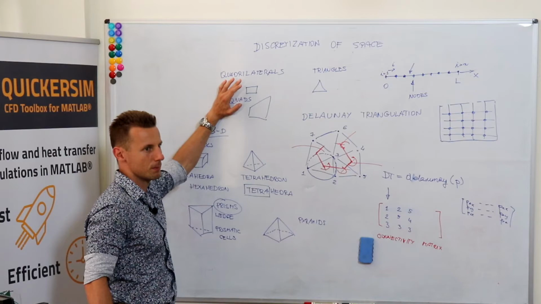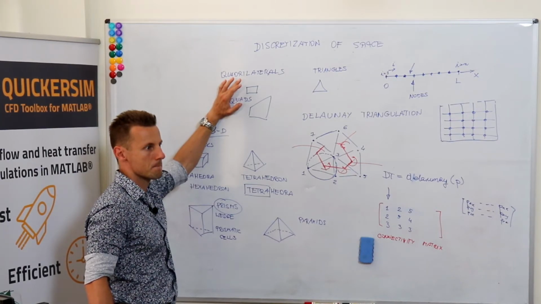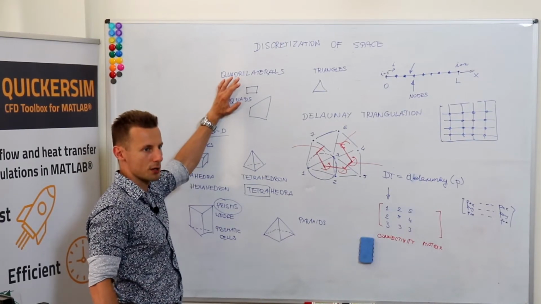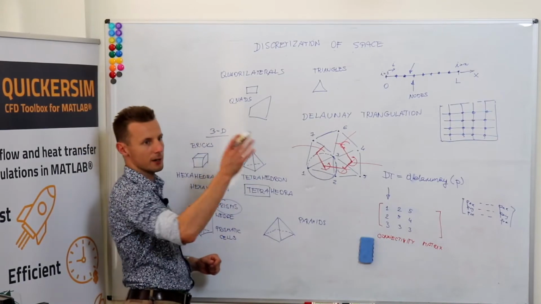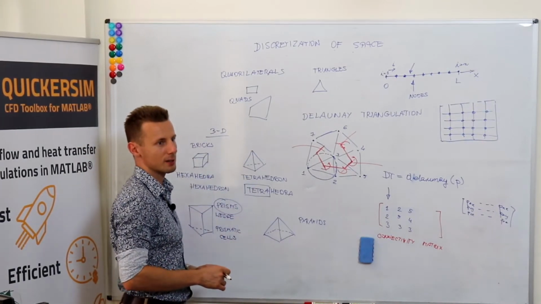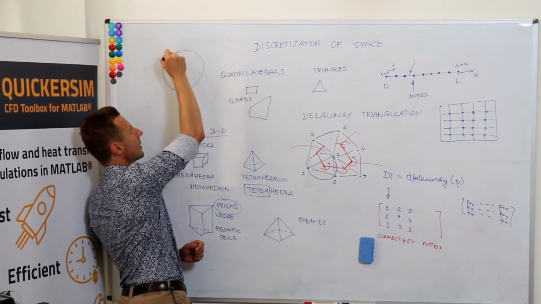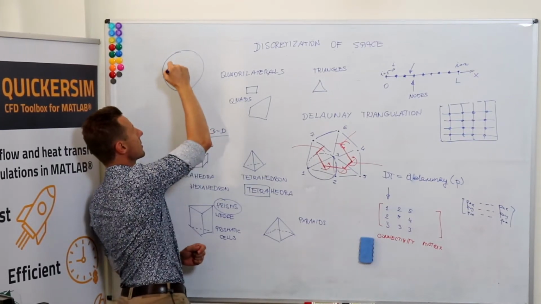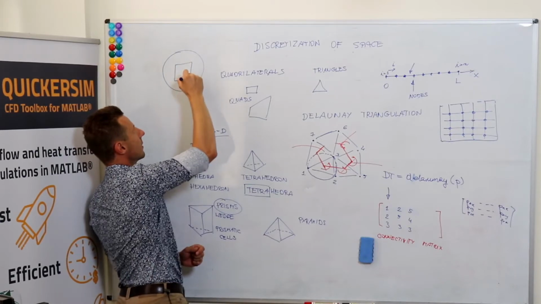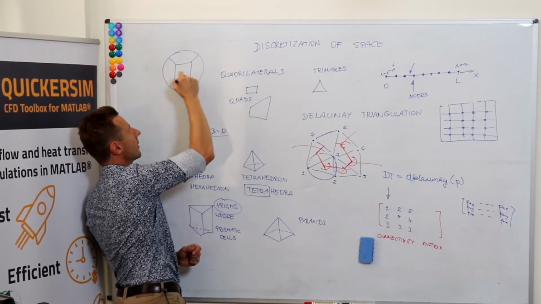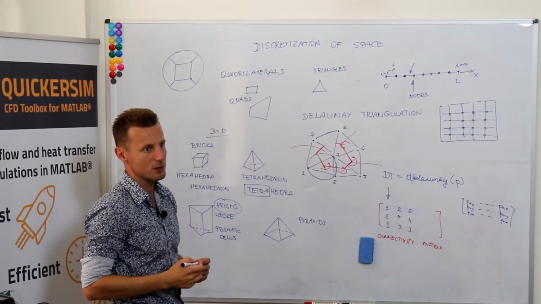No? Take a circle. You can even generate it, but it's not a structured mesh. Yeah, but what you do for a circle is you do something like that. But it's not a structured mesh.